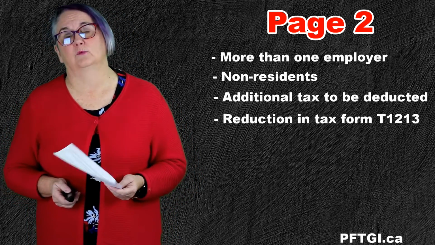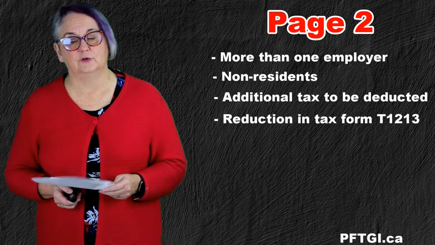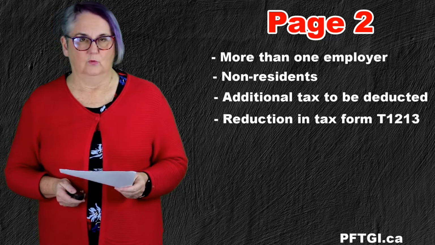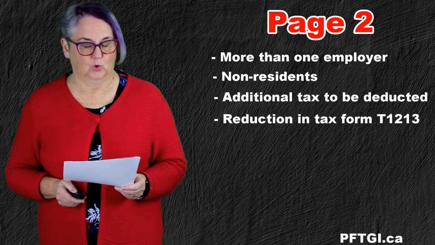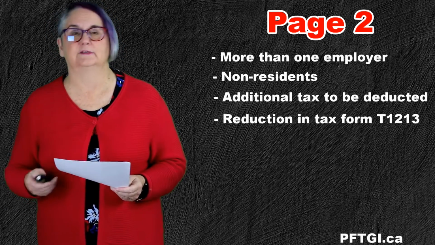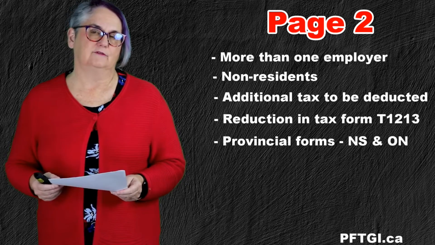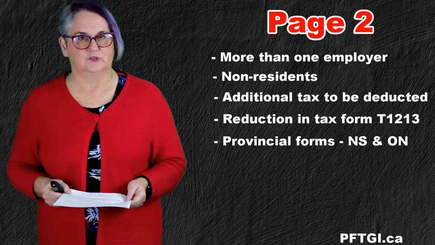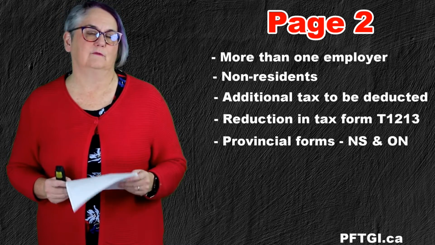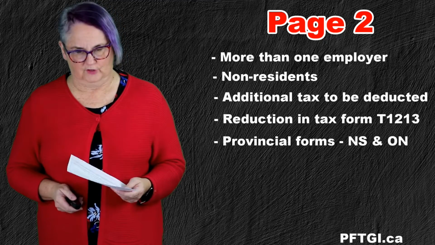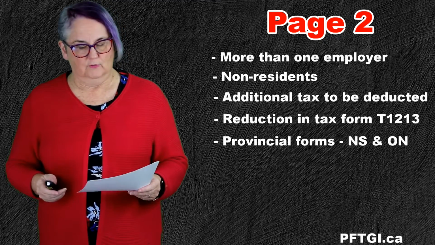The form is the 1213 form, and you need to fill it in and file it with your employer, basically, who also has to get permission from CRA. You generally will have to fill in a provincial form as well. This is just the federal form, so based on whatever province you're in, there will be another form to fill in. So that's the whole form.